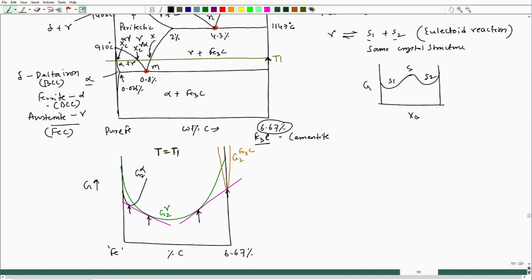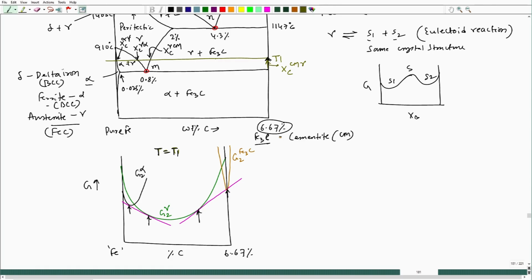This one is Xc of gamma in equilibrium with Cm, this cementite I can put Cm, that gamma composition in equilibrium with Cm, and this particular composition is Xc of Cm in equilibrium with gamma, the carbon concentration. So, these 4 compositions we have marked there at T equal to T1.